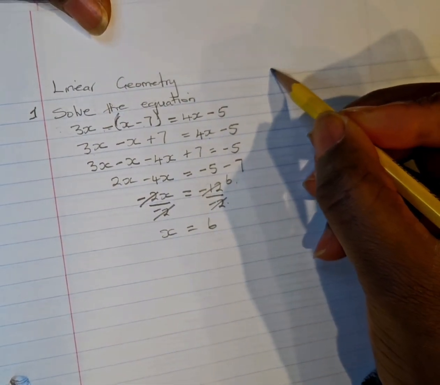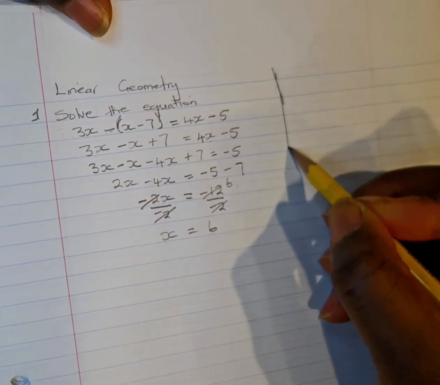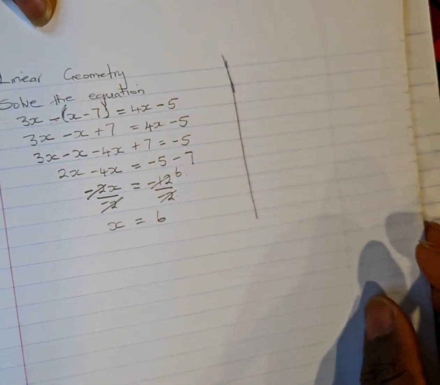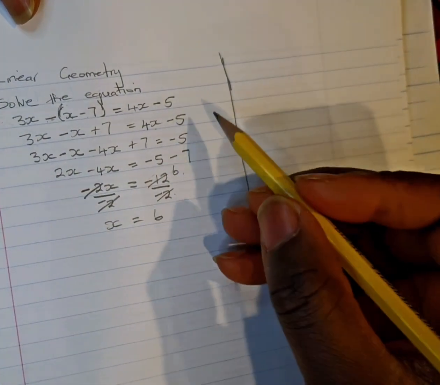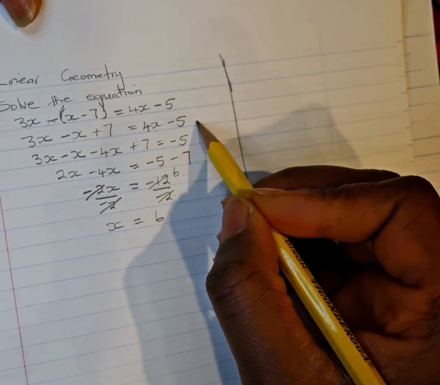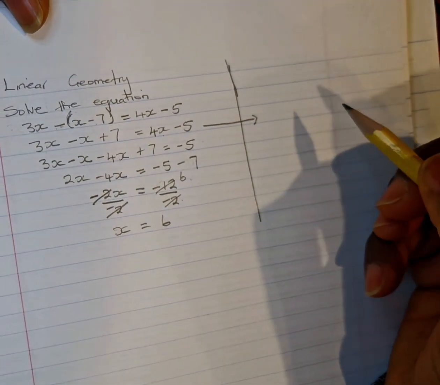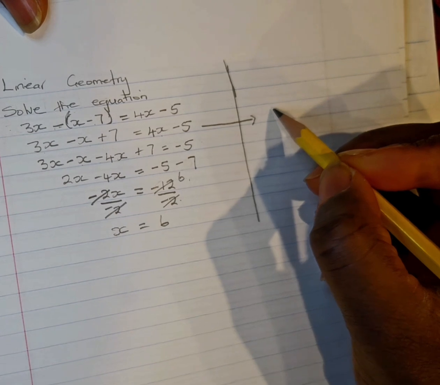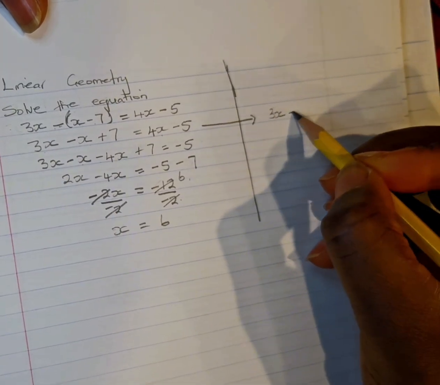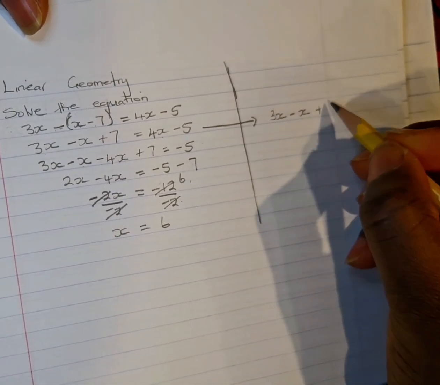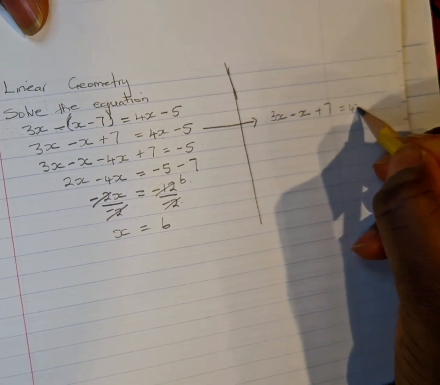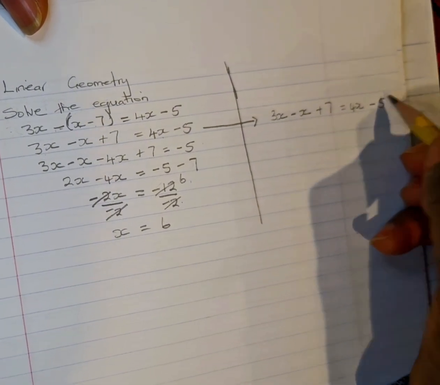Or I will give you another variation of solving this problem. Not that it's a different thing, but it's just from this step here. For another person, we will have 3x minus x plus 7 equals 4x minus 5.